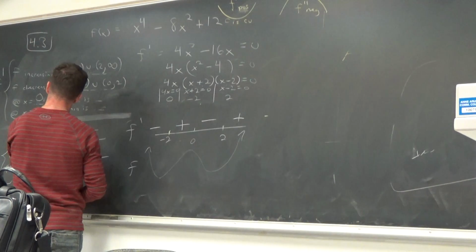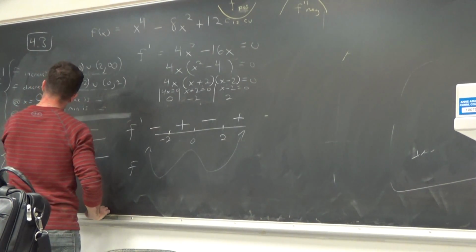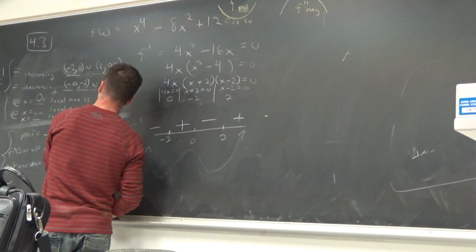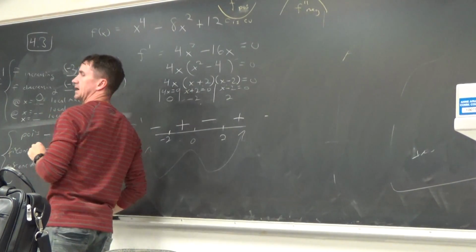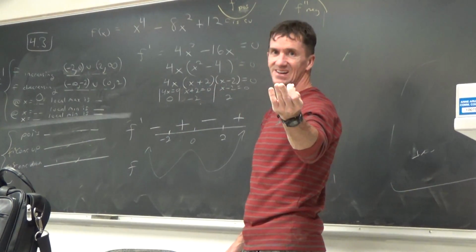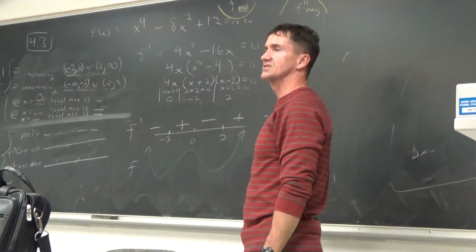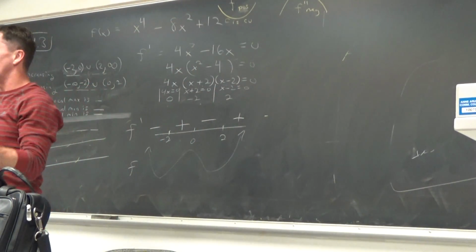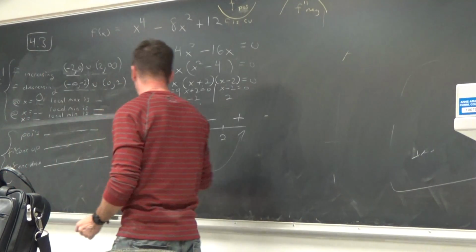We have a couple of local mins. I have a sense they're probably going to take on the same y value though, right? It's an even function. That even-odd property does help out sometimes. Just because it's even, it means it's reflective, so these are going to take on the same y values.